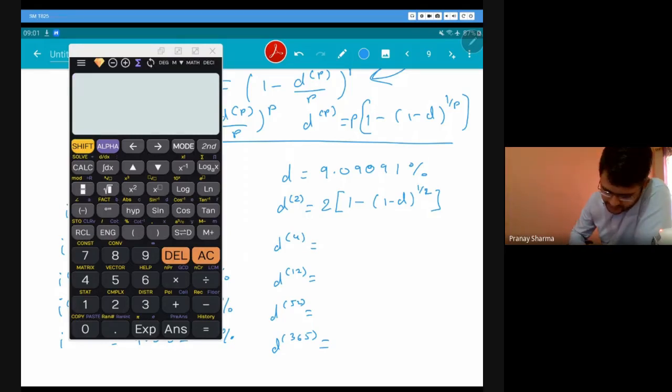We'll say 2 into bracket 1 minus, then another bracket, 1 minus, and instead of D, we'll be using alpha A, because we have stored the value in A. Bracket close, raised to 1 divided by 2, and then bracket close. And when we press equal to, we get our value.